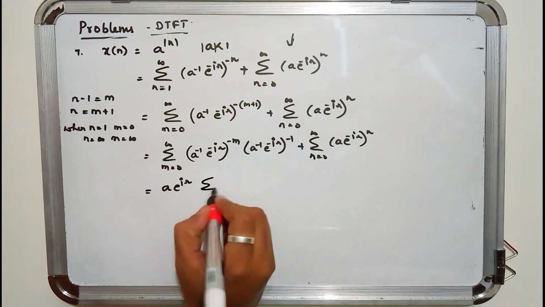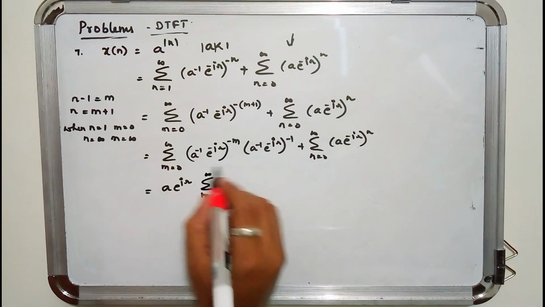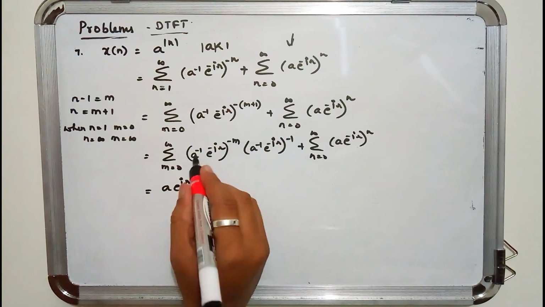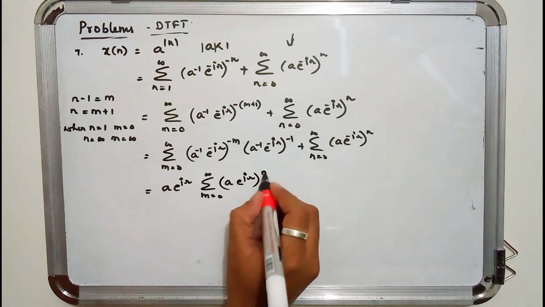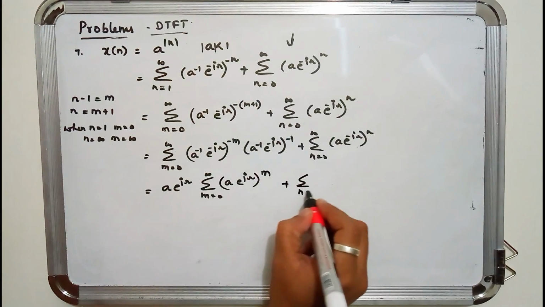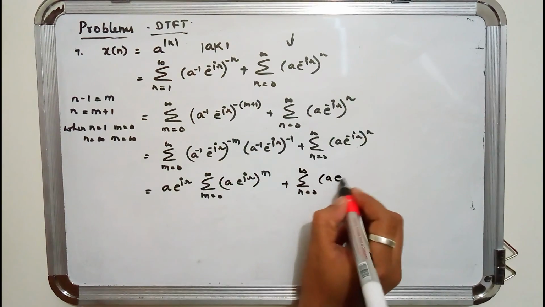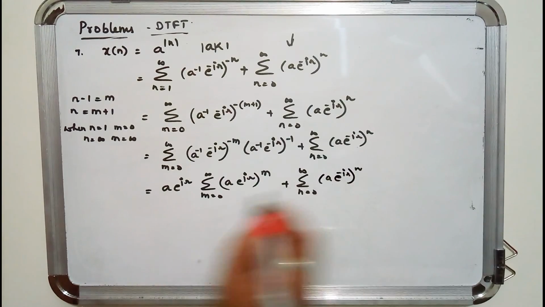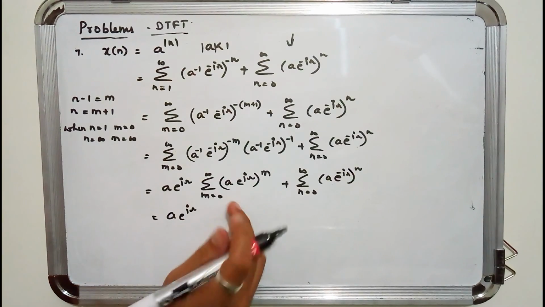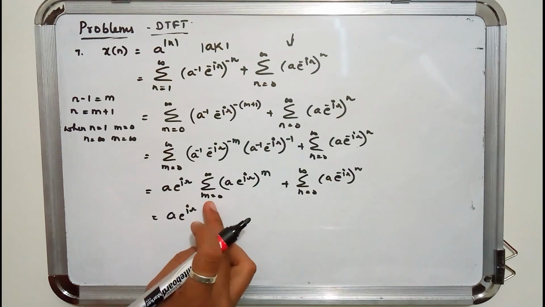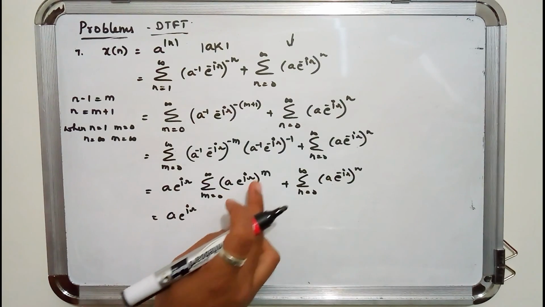Now summation m is equal to 0 to infinity, if I multiply by minus 1, I will be getting a e power j omega power m plus summation n is equal to 0 to infinity a e power minus j omega power n. So it is a e power j omega divided by, what is the summation from m is equal to 0 to infinity alpha power m?